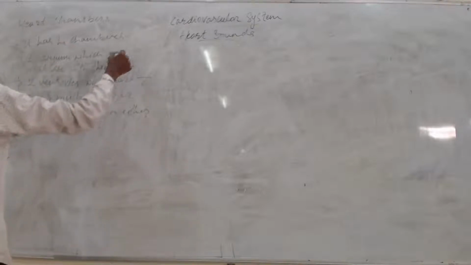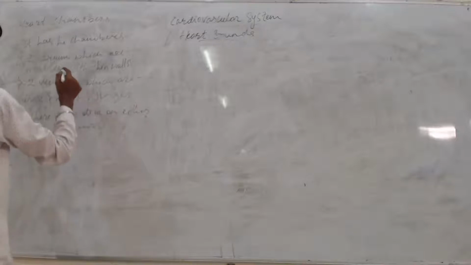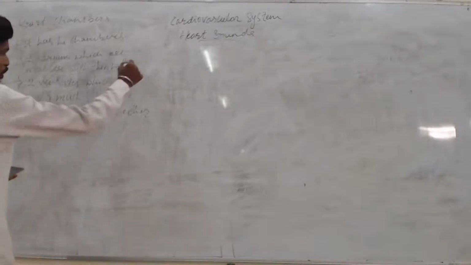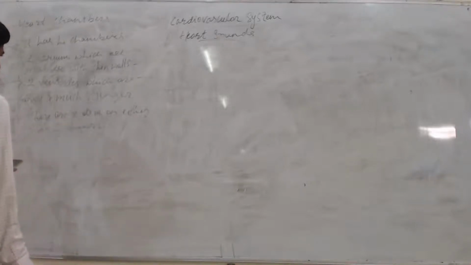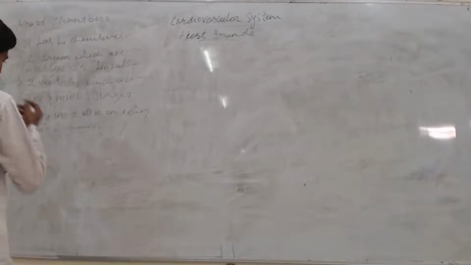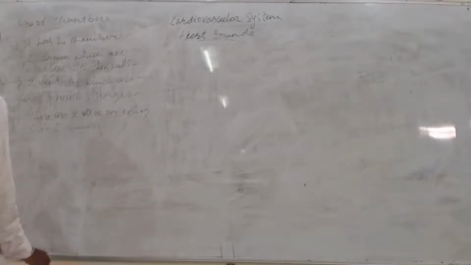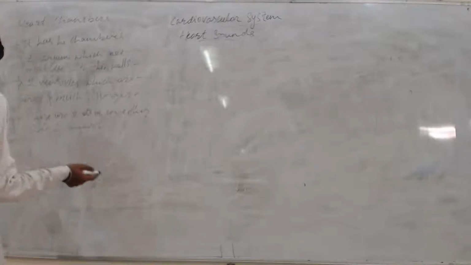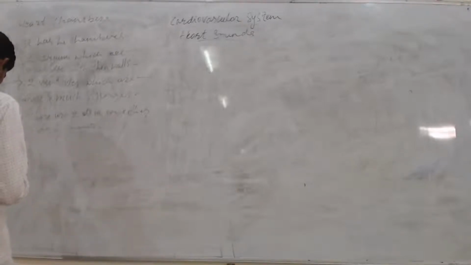The two atria are smaller in size with thin walls and not much stronger, and the two ventricles are larger in size and much stronger than the atria. There are two atria on either side of the heart, one on the left side and one on the right side.